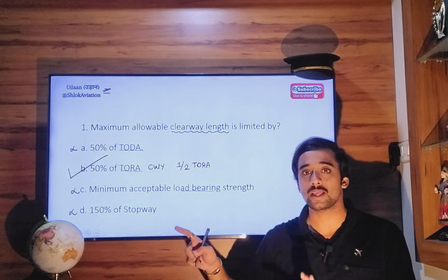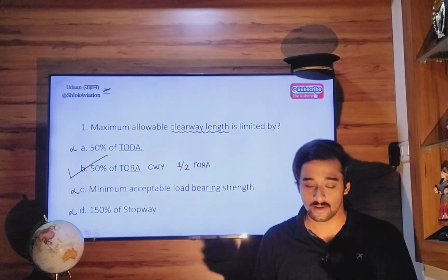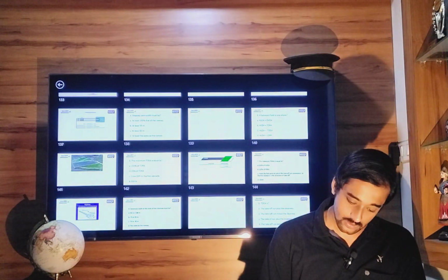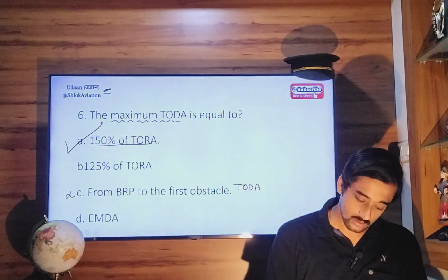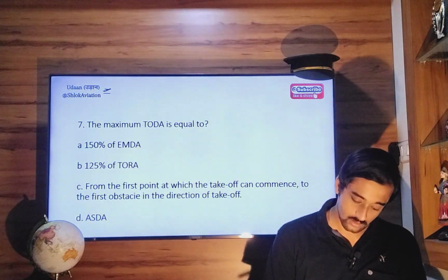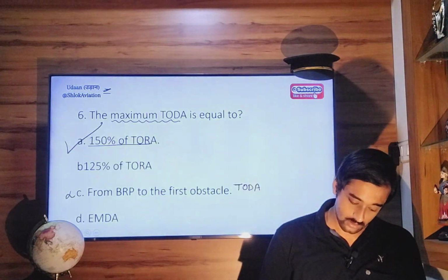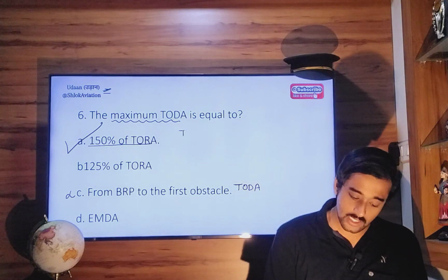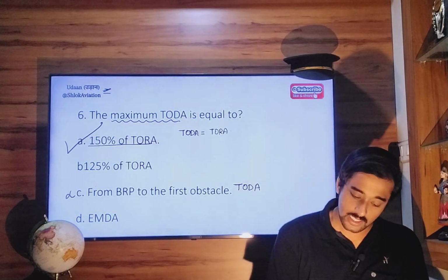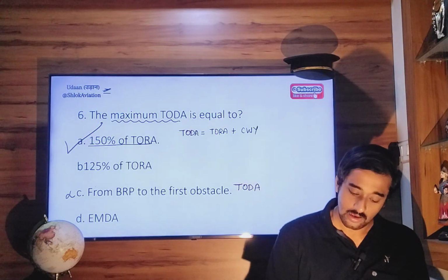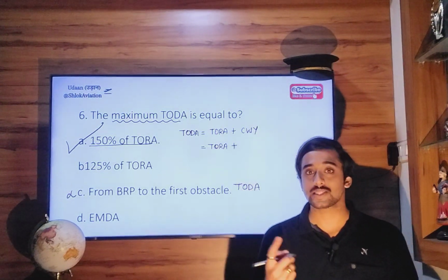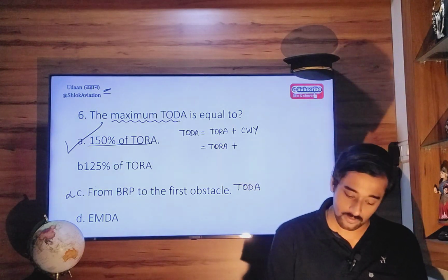It cannot be more than half the runway length, right? So takeoff distance available is nothing but takeoff run available plus clearway. Now what is takeoff run available is this. Clearway cannot exceed 50% of it.